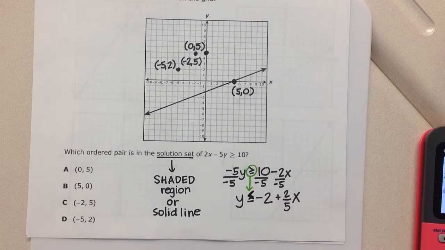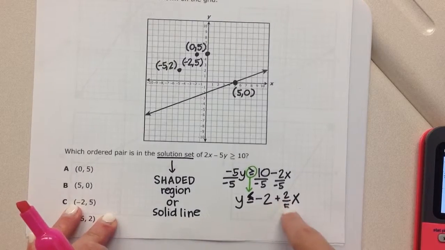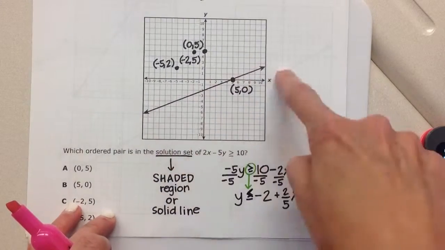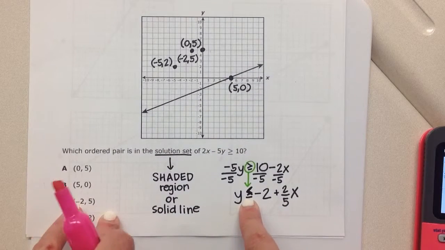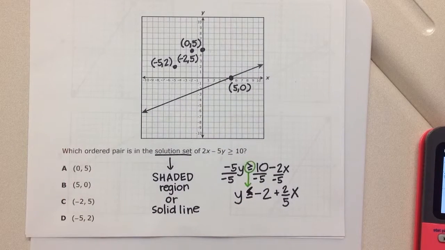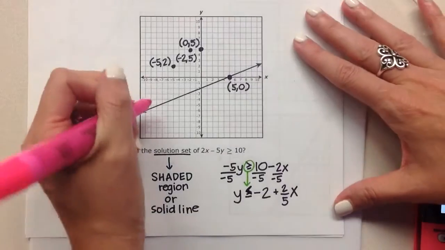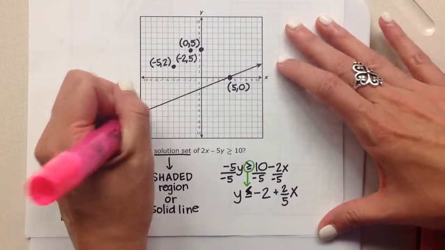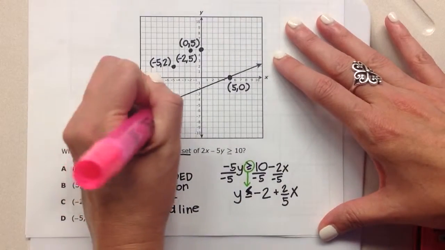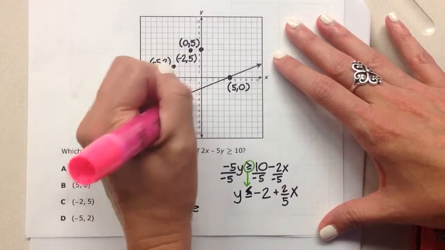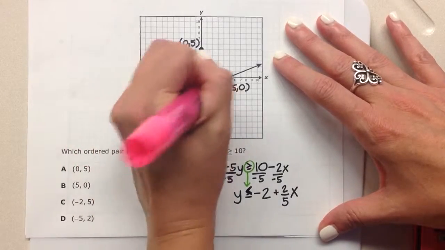So this is y is less than or equal to negative 2 plus 2/5 x. That is that line, and they already helped me out by connecting it and making it solid for me. So all I really have to do is add the shading, which is why I needed to solve for y.